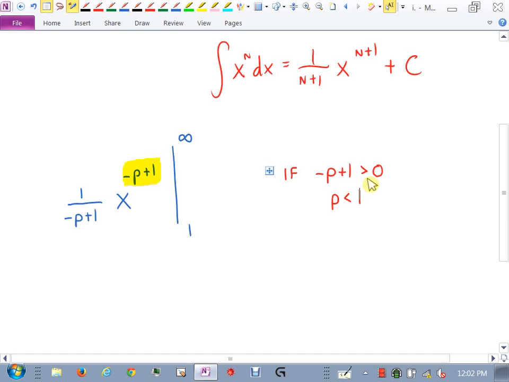If I just add p to both sides, that really says 1 is greater than p, which is the same as saying p is less than 1. So if this power is positive, then when I plug infinity in, the infinity stays there. It doesn't get dropped down. And therefore, this is infinity times a number, and that whole thing is infinite, and it diverges. So that would mean, if that's true, then the integral diverges.